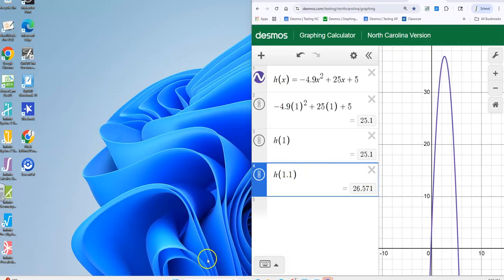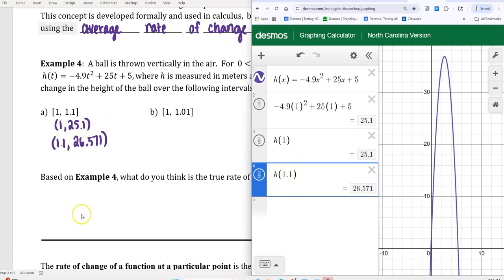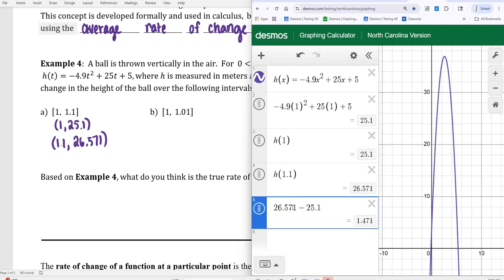And then I need to do the slope formula with that, right? So if I do the slope formula, I would have 26.571 minus 25.1 over 1.1 minus 1. And that gives me 14.71.